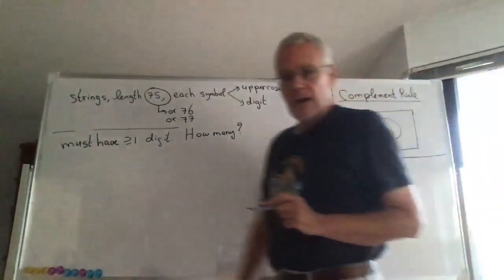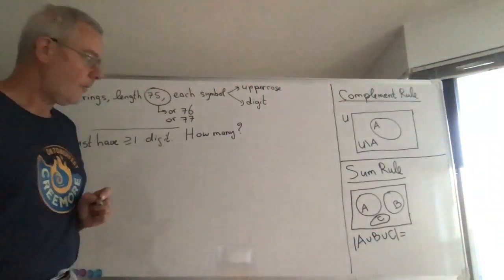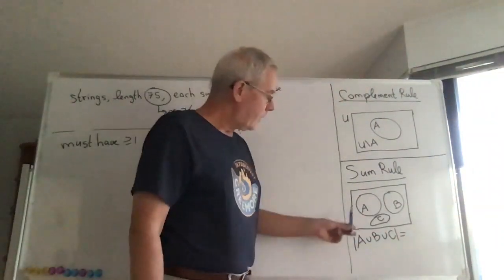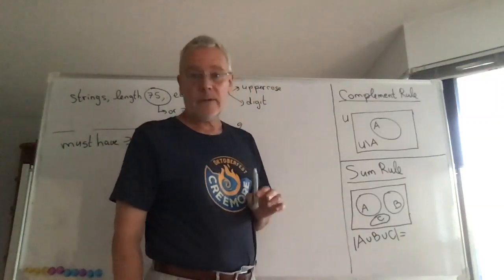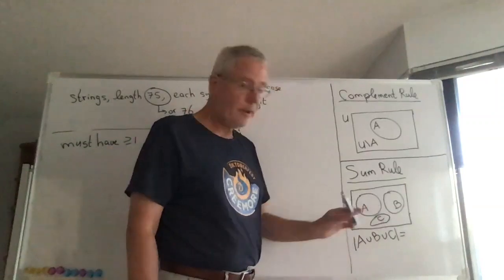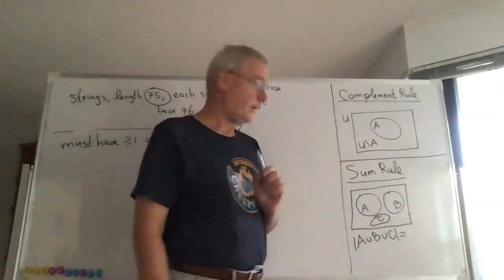So we want to know how many elements are there that are in A or in B or in C. Now, since there is no element that can be in two of these sets, the size of the union is just the sum of the sizes.